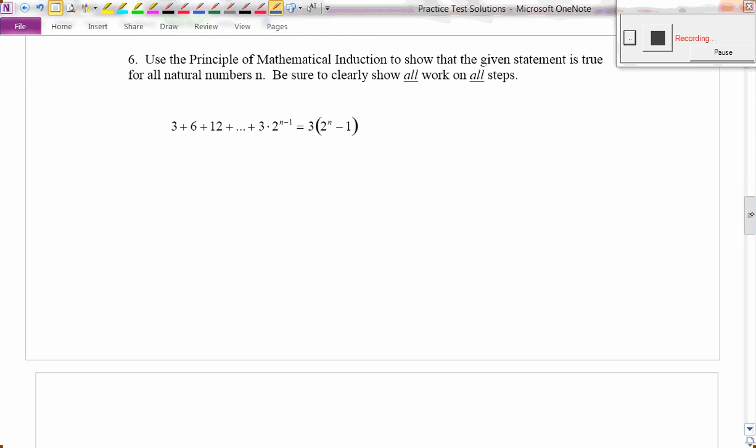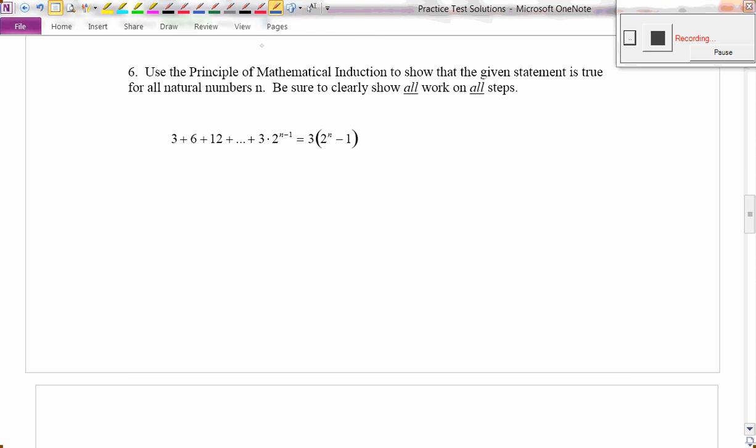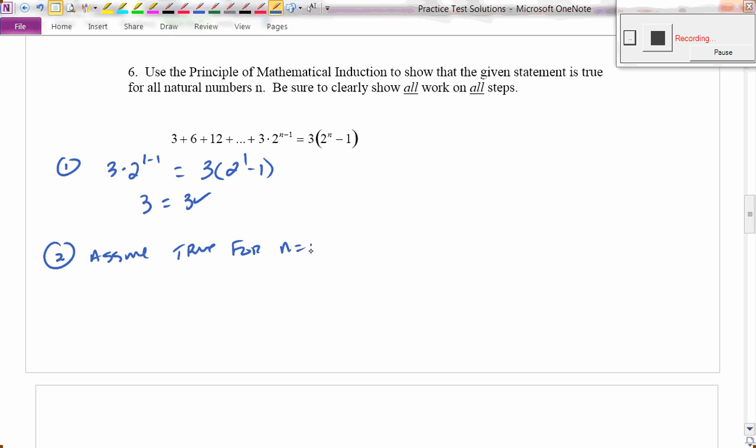All right, cool. Now we come to my favorite one, the induction problem here. So step 1, show that this is true for n equals 1. So 3 times 2 to the 1 minus 1 is the same thing as 3 times 2 to the 1 minus 1. So 3 is definitely equal to 3. Check. Step 2, you assume that it's true for some n equal to k down the line.